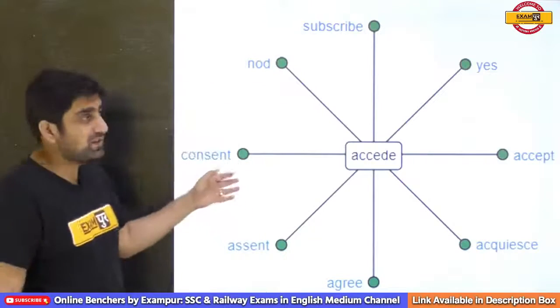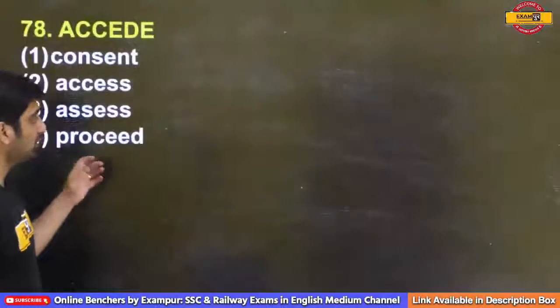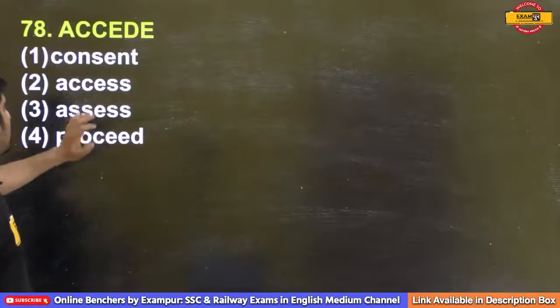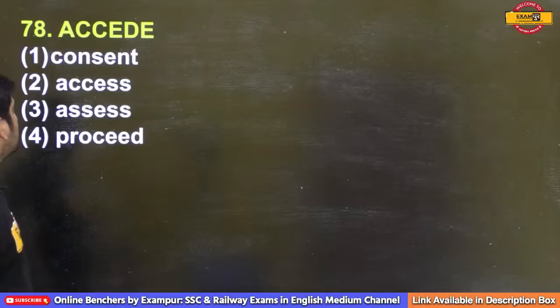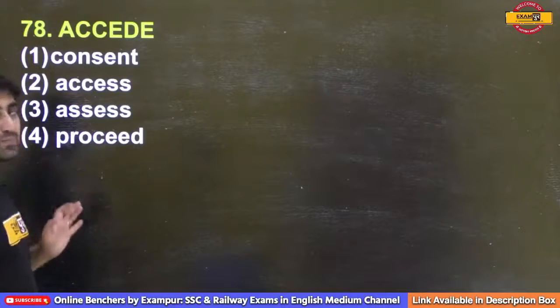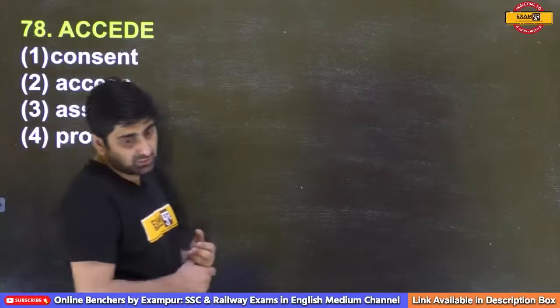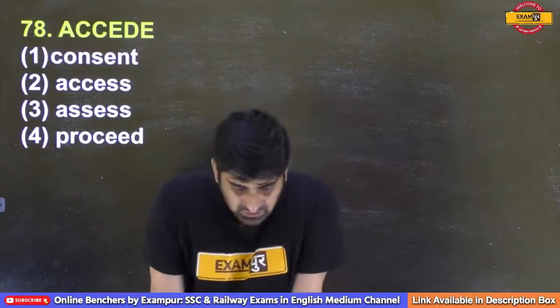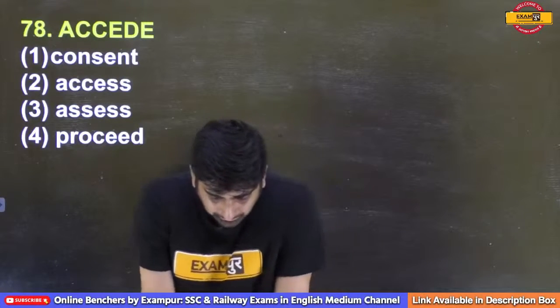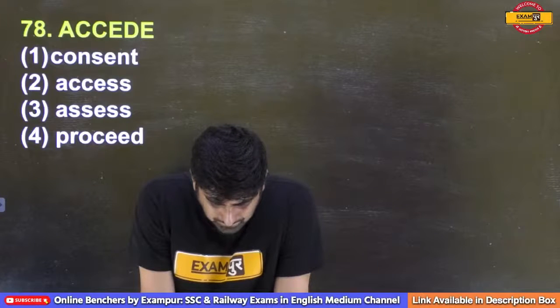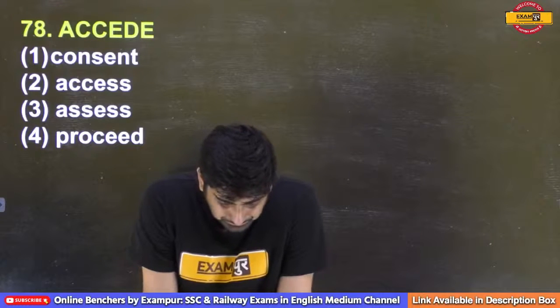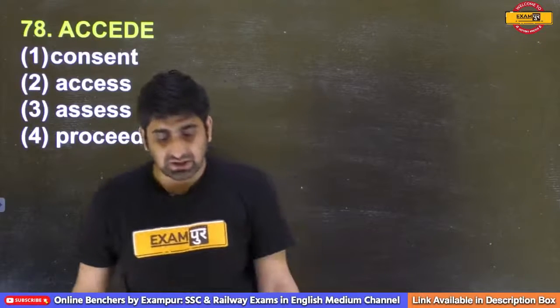So this is how accede will be taken as a correct word, and it was asked in the Excise Officer exam of 2006 with these 4 options. Choose wisely. Let me know in the chat box which, according to you, is the correct answer. Okay, yes, Prajapati, exactly.